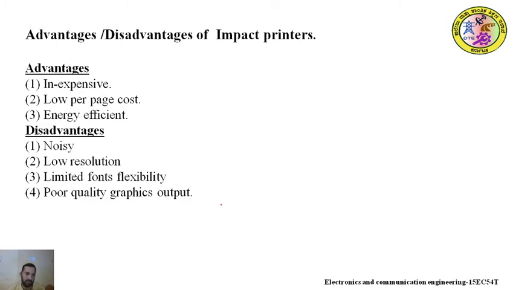The disadvantages of impact printers: obviously it is noisy, with low resolution, because dot matrix printers print the characters by putting dots, so the resolution is very low. They also have limited font flexibility, so we cannot get many fonts like italic, and poor quality graphics output. So these are some disadvantages of using impact printers.